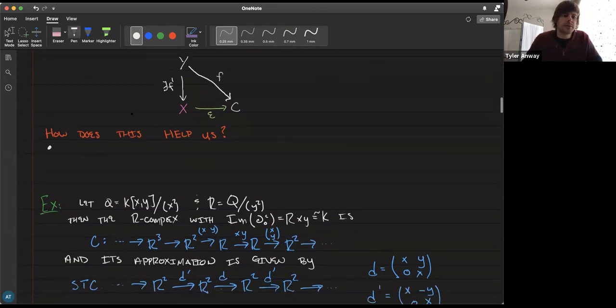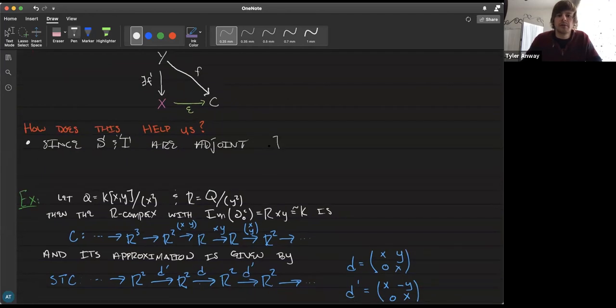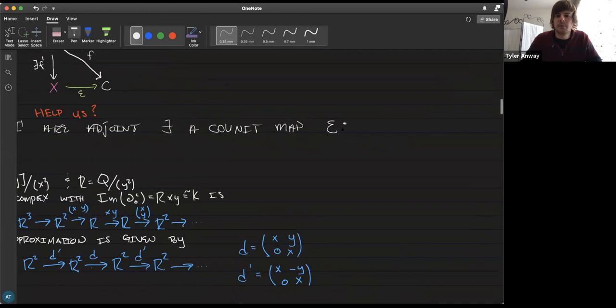Well, two things. Since S and T are adjoint, there exists a co-unit map, which we'll call epsilon, which takes ST to the identity functor.